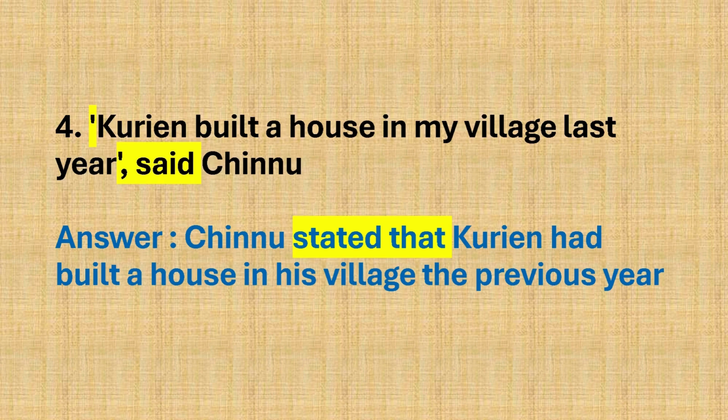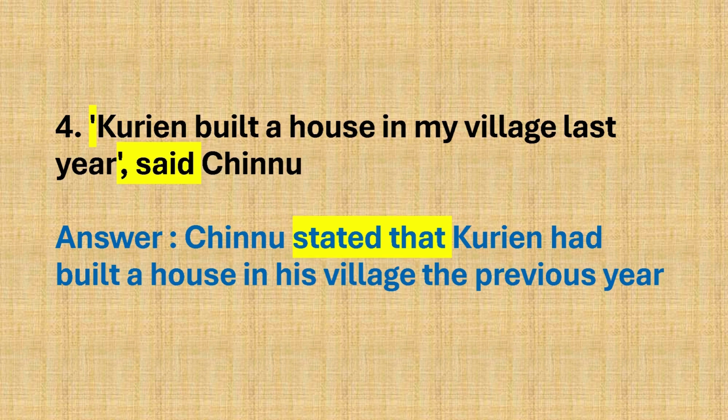Kurian built a house in my village last year, said Chinnu. Answer: Chinnu stated that Kurian had built a house in his village the previous year. Knowing about the tense shift here, the simple past built changes to the past perfect had built to indicate an action completed before the time of reporting.